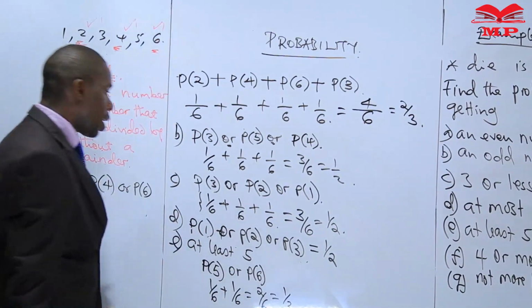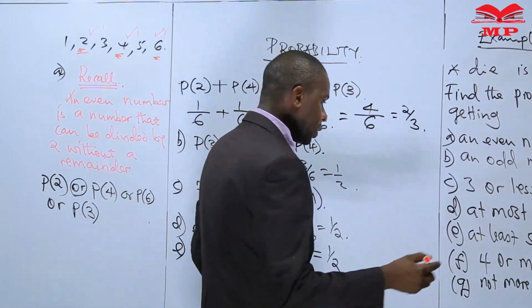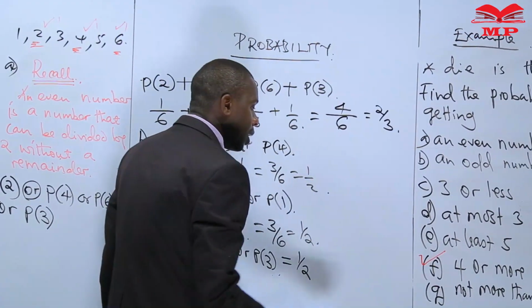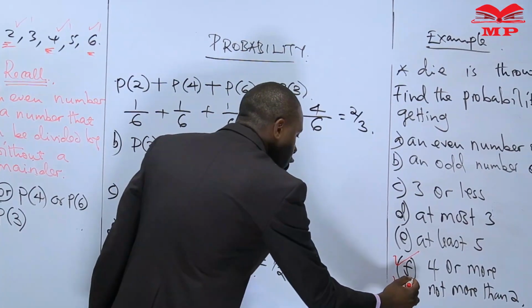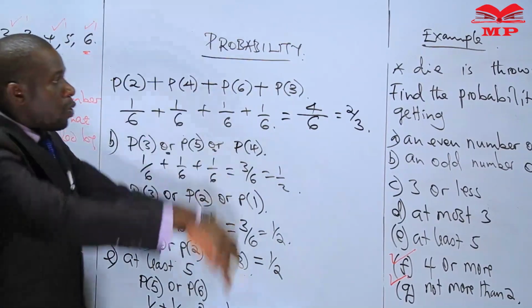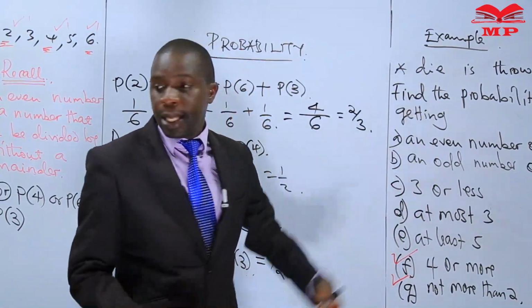Now, learners, I expect that you work on number F and also number G during your free time so that you can see how to work that out when you're dealing with examples related to a die.